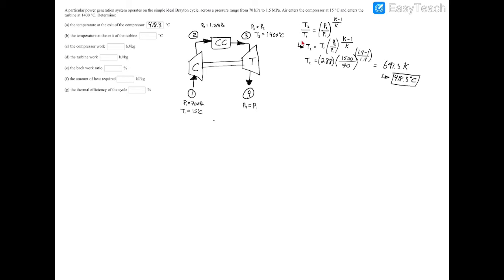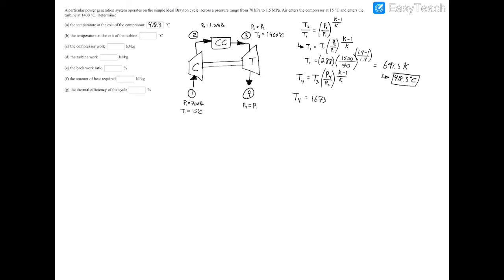Now, similarly, we can use this formula right over here to find the part B temperature on the exit of the turbine. So instead of T2, we'll have T4 as that's the exit, and then the entrance T1 is going to be T3 in this case. So once again, you have the discharge temperature is equal to the inlet temperature times discharge pressure over inlet pressure to the K minus 1 over K. When you plug in your numbers, you'll have T4, or discharge temperature, is equal to the inlet temperature of 1673.